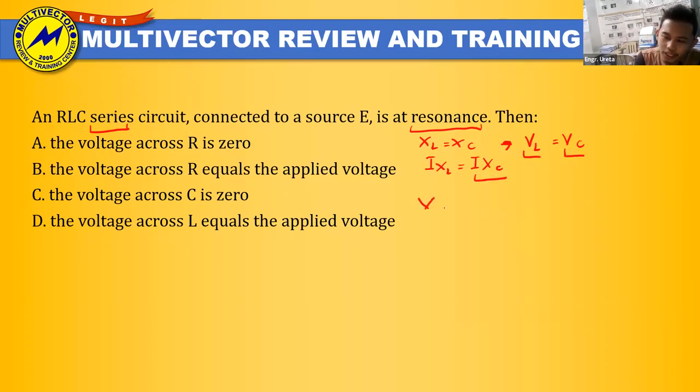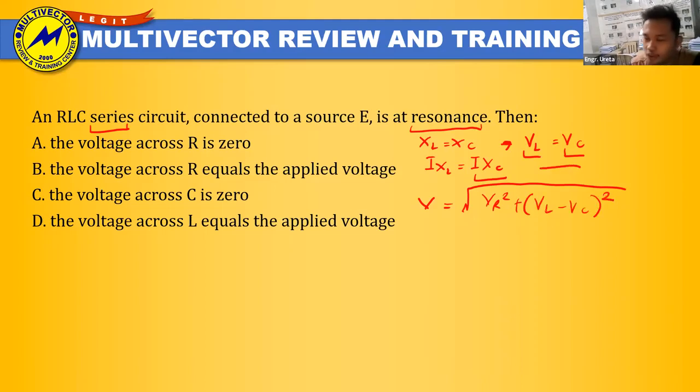So the total voltage, for an RLC series circuit, is just equal to the square root of VR squared, the voltage drop across my resistor, plus the net voltage across my inductor and capacitor squared. Since they are equal, a number minus a number is 0.